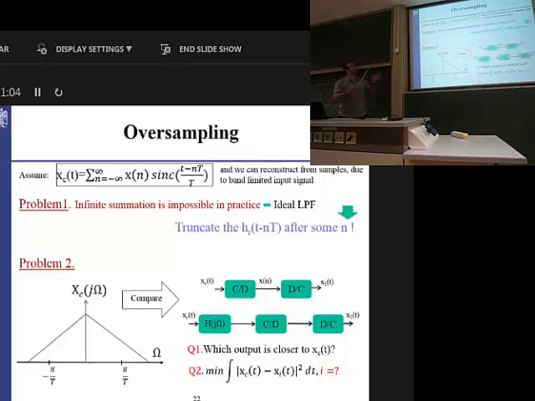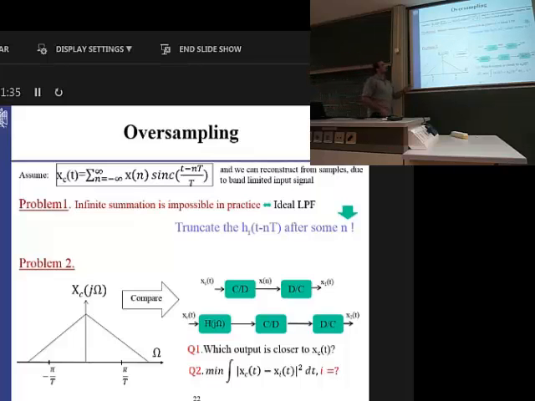You have to truncate the sinc function from some point onward. It's not possible to have an infinite amount of sinc functions. So that sigma over n should be truncated at a specified n, in such a way that it does the least harm to the final reconstruction.